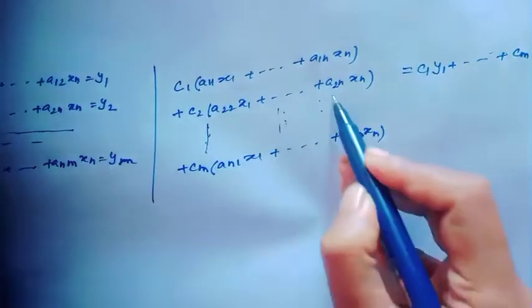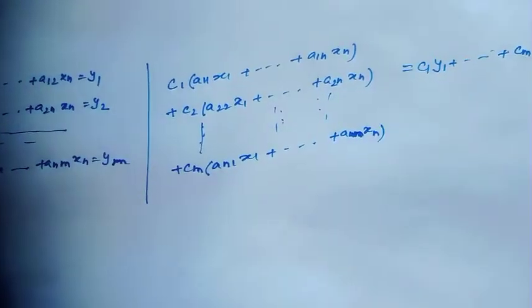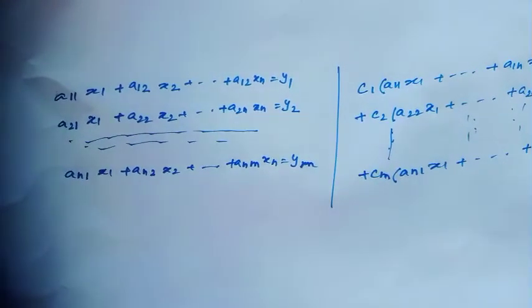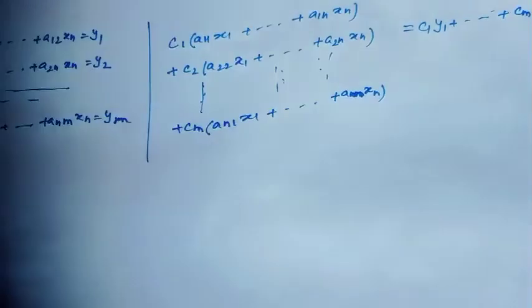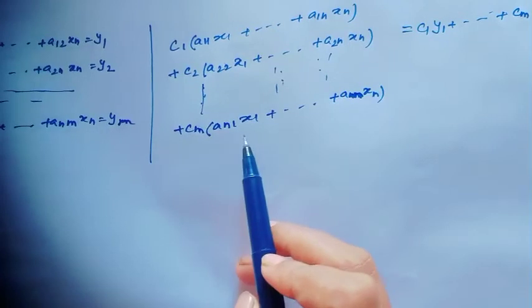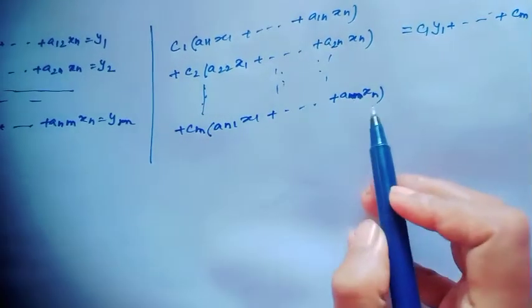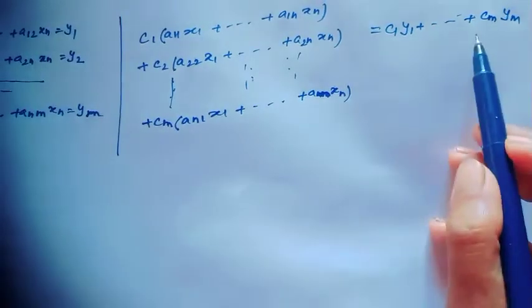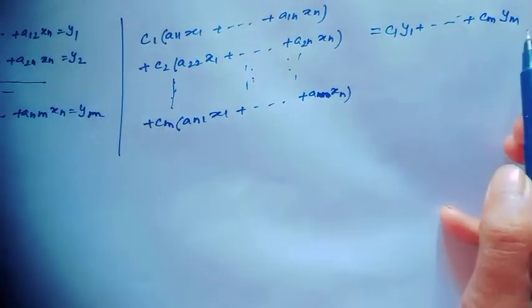Then multiply the last equation by Cm, plus Cm times Am1 X1 up to Amn Xn equal to C1 Y1 plus up to Cm Ym.